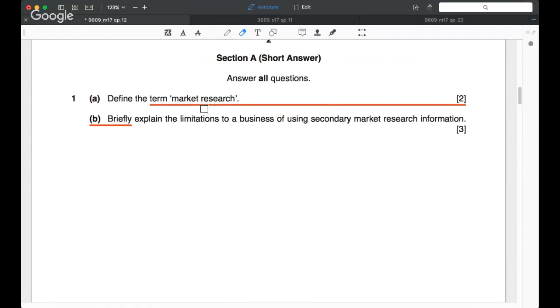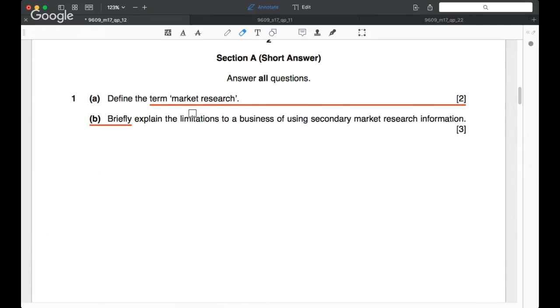So, market research: definition is required. Explain the limitations to a business of using secondary market research information. The important point here is to recognize what secondary market research means. Primary, quite clearly, is direct, whereas secondary is indirect.